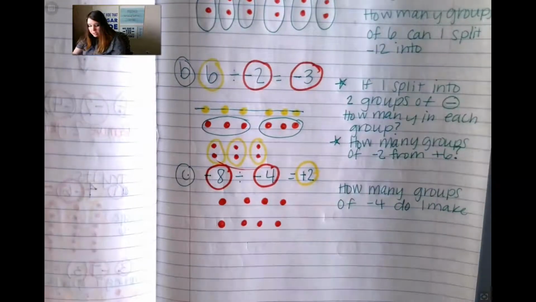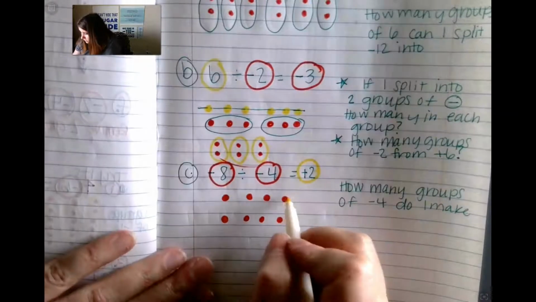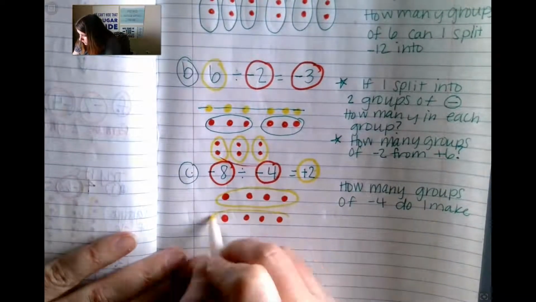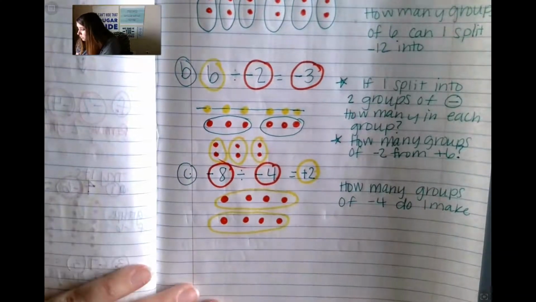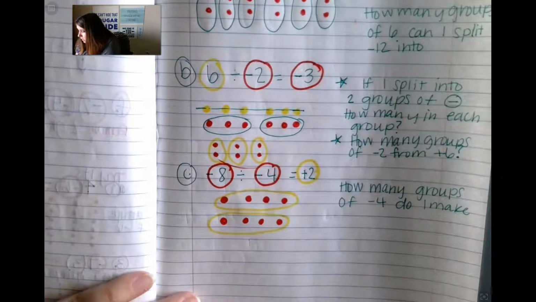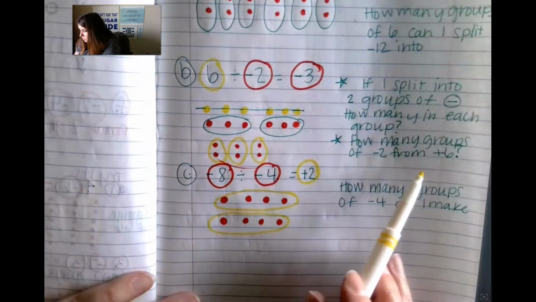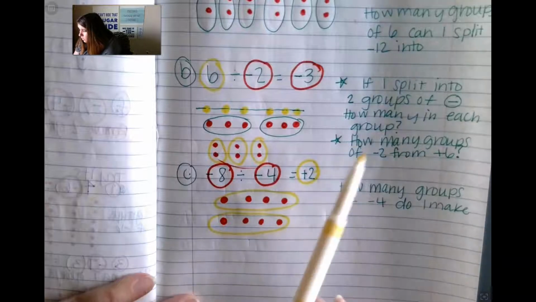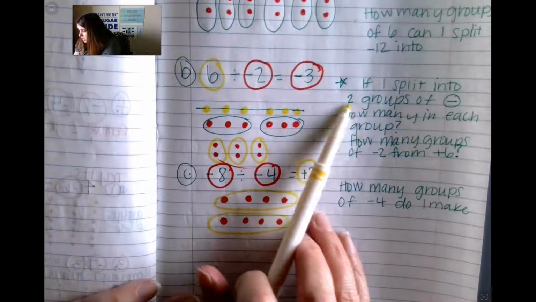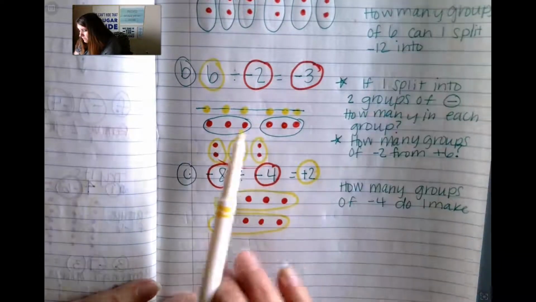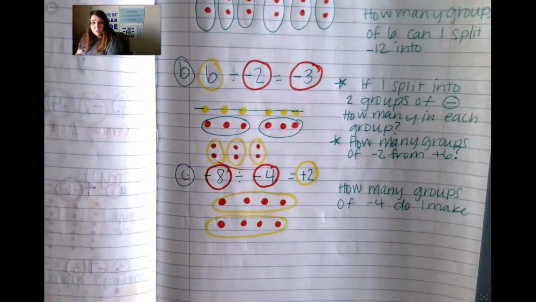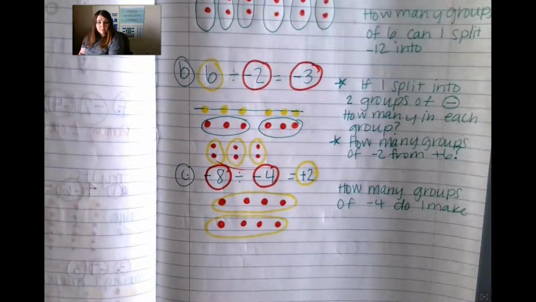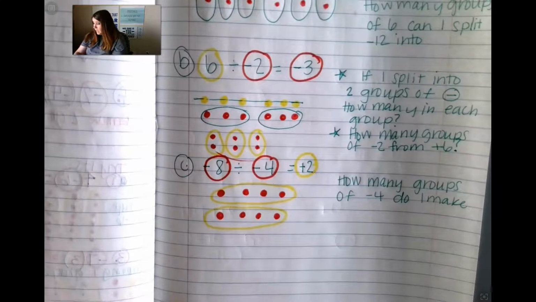And I make 2 positive groups. Here's a positive group and here's a positive group. Okay, so how many groups of -2 can I make from +6? Or if I split -2 into 2 groups of negatives, I'm making 2 groups of -3 up above.